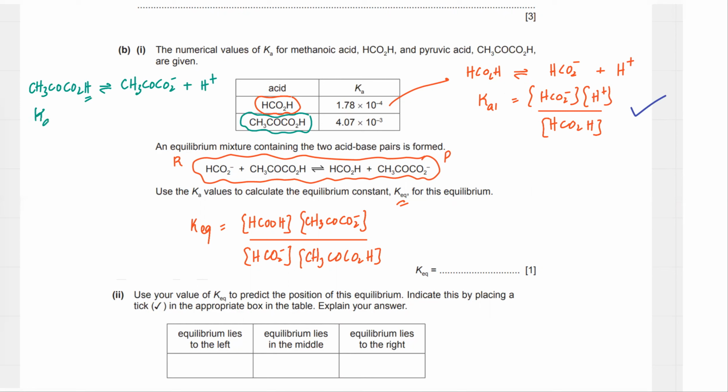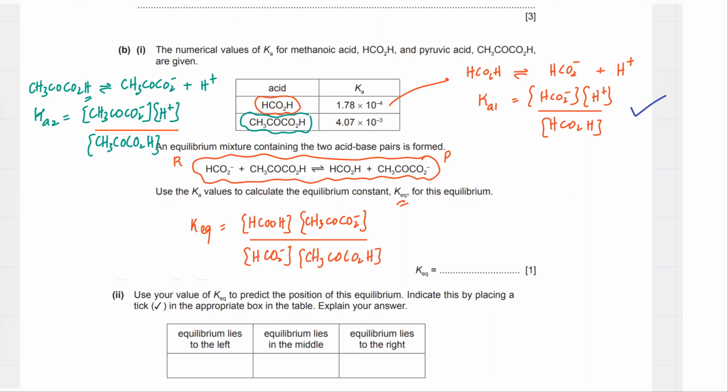Let's call this Ka2, products over reactants: CH3COCO2 minus 1 concentration times H plus concentration, divided by the reactant concentration, CH3COCO2H.